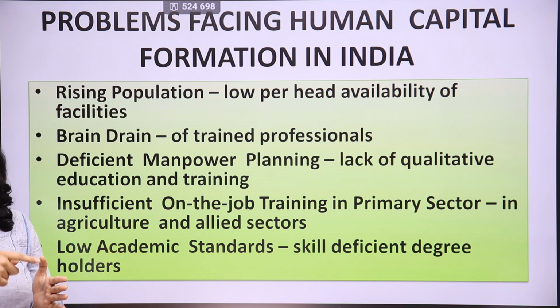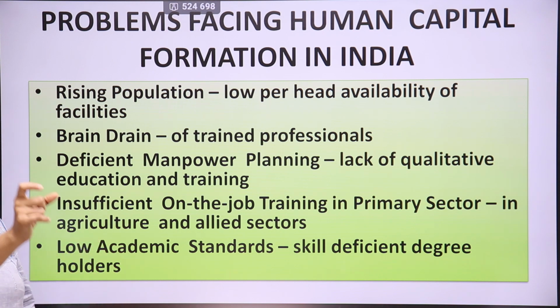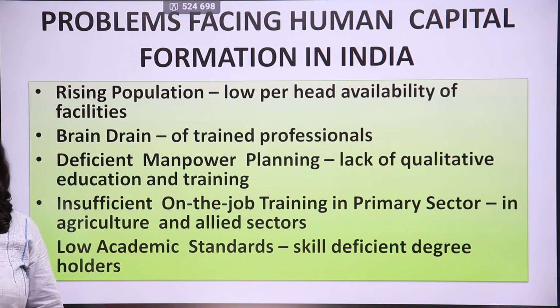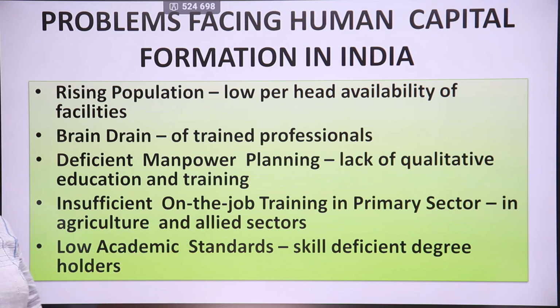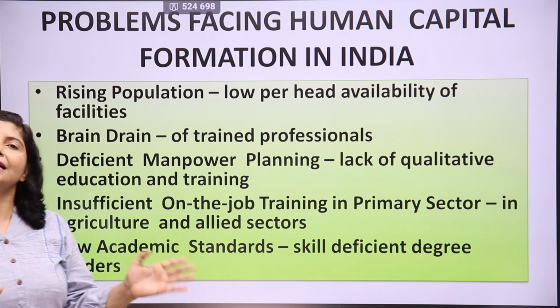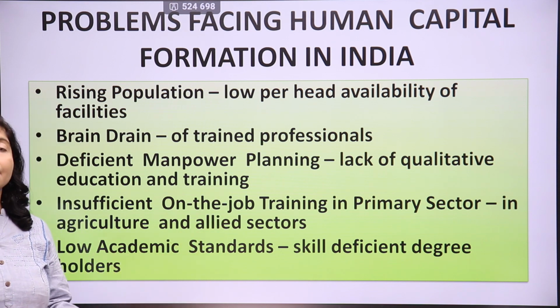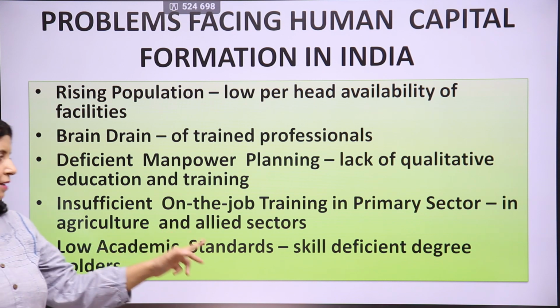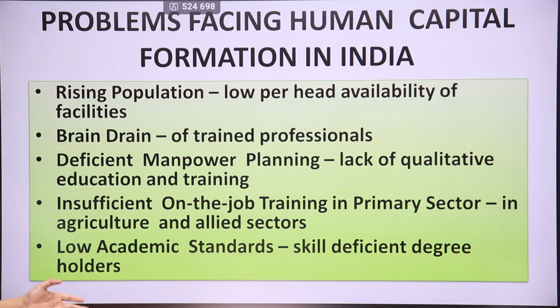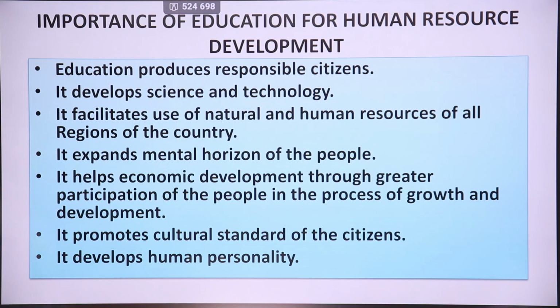They do not know what type of crop should be sowed or planted in their fields so that they can earn maximum profit out of their farming. So in allied sectors also, like dairy farming and other agro-based industries, people do not have training and they are just functioning. They are doing their production but not up to the maximum output. Low academic standards. Skill deficient degree holders. I just told you, people are holding degrees but they do not have that skill.